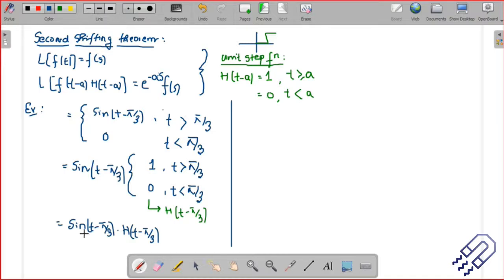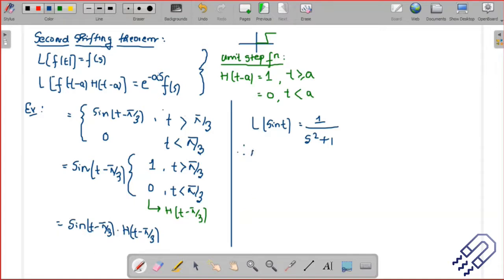First of all, I need to know the Laplace transform of sine of t. The Laplace transform of sine of t is equal to 1 divided by s square plus 1. And we can now take the Laplace transform of this entire term.